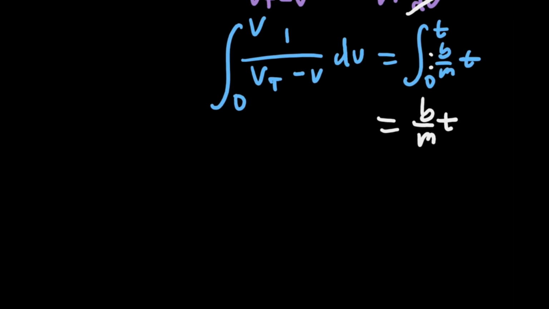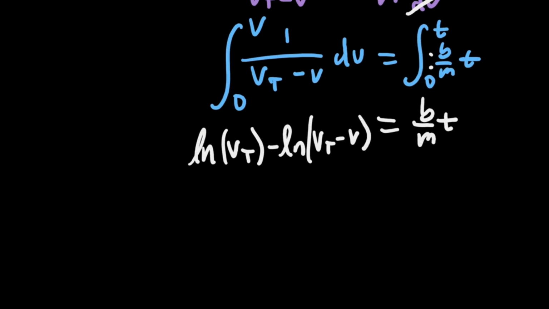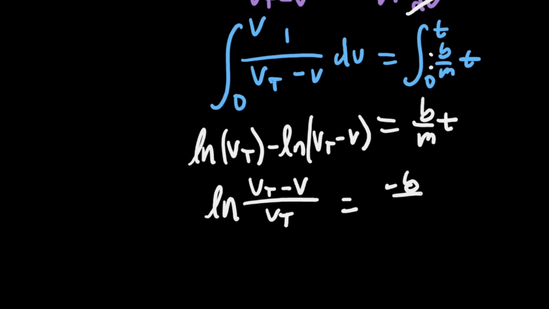And then over here on this side, we're going to get ln of vt minus ln of vt minus v. We can transform this into ln of vt minus v over vt equals negative b over m t.